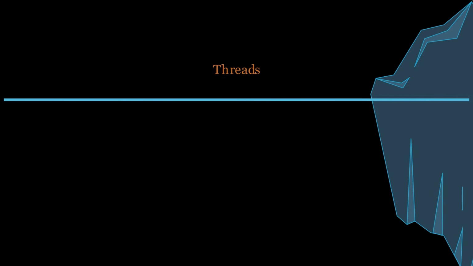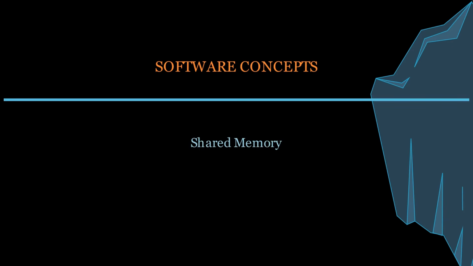Threads and blocks are software concepts, abstractions that make it easier for us to work with GPUs. Typically, these are set by host side code as kernel arguments before launching the kernels. On the lower side, we have concepts related to the GPU, such as shared memory and synchronization.